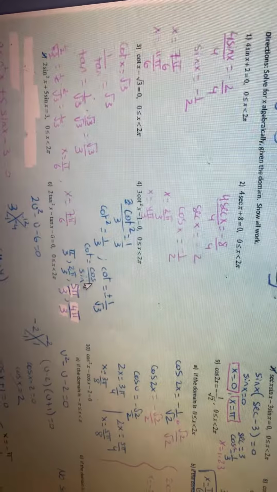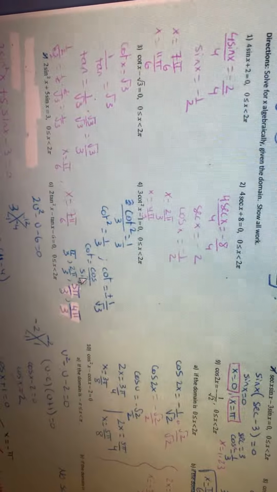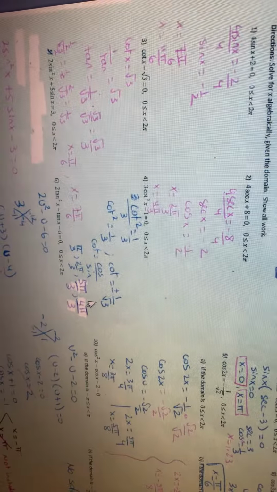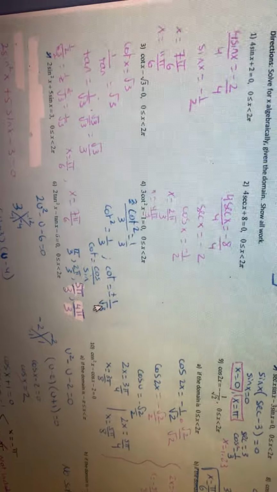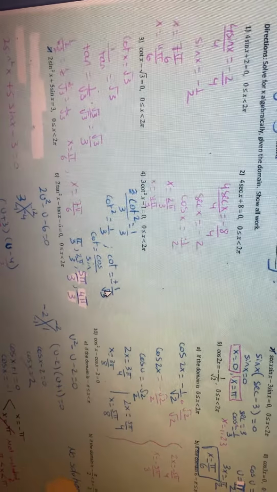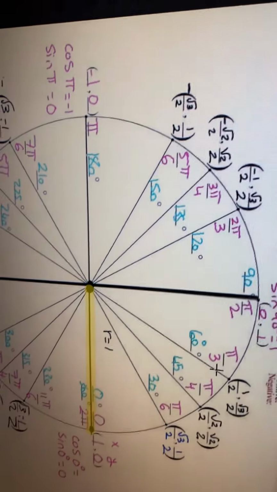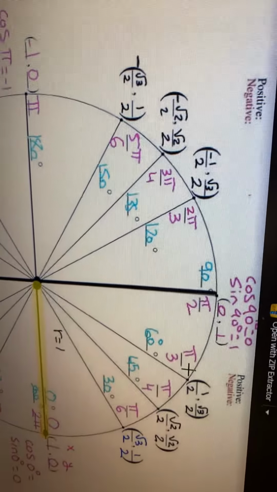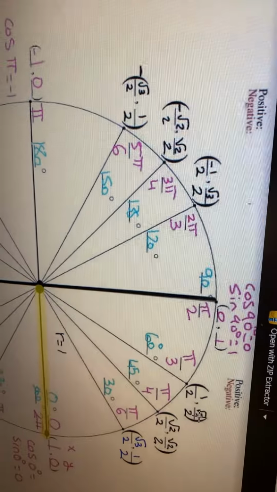And the reason why is because cotan is cosine over sine. And if you look, cosine over sine equals 1 over square root of 3, you can tell that you want the sine to have a square root of 3 in it. Or you can rationalize it, that's not a problem. So if you look at pi over 3, the sine has a square root of 3 in it.